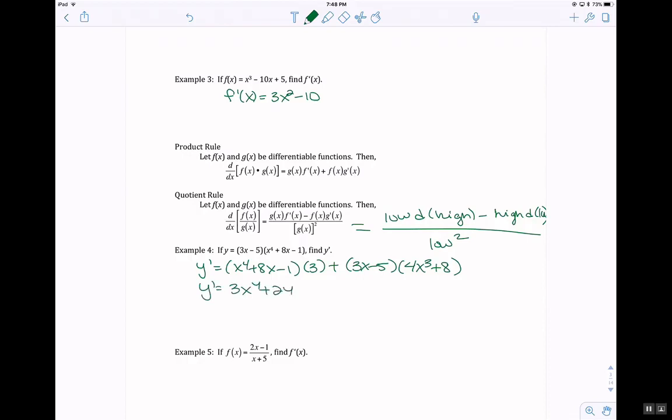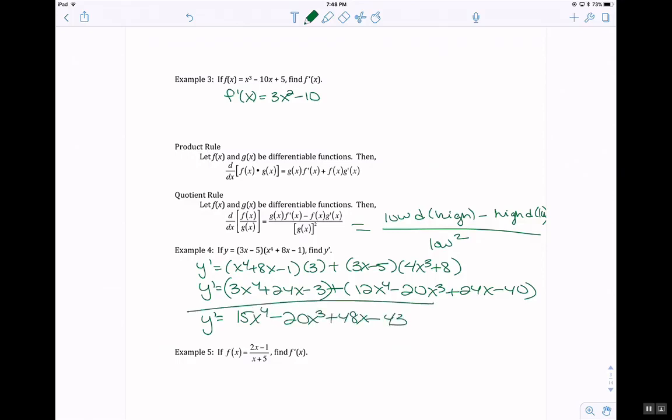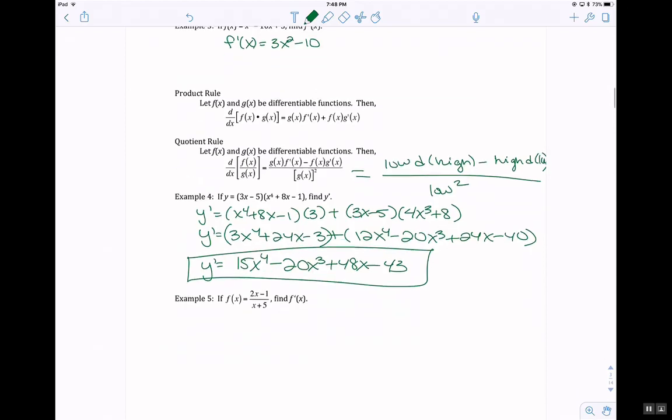And then plus, I can FOIL out my second term, which is 12x to the 4th minus 20x cubed plus 24x minus 40. And if you don't want to FOIL and you want to use the box, you're more than welcome to. Then I combine my like terms, so 15x to the fourth minus 20x cubed plus 48x minus 43. Okay. Example 5 is quotient rule.